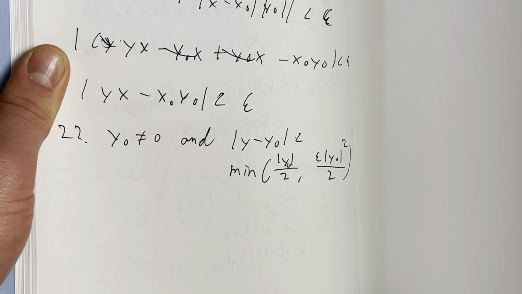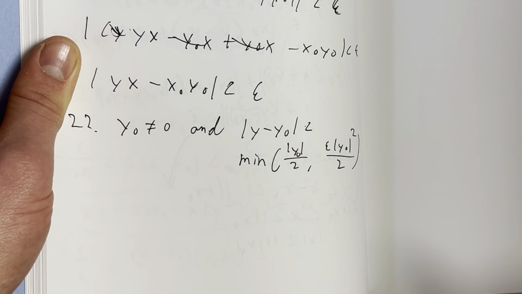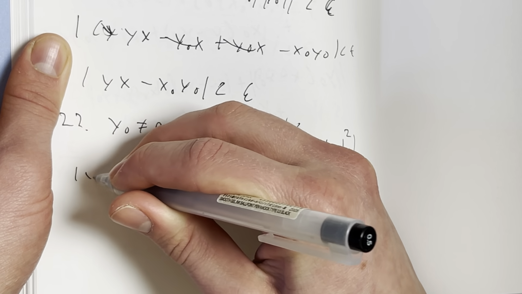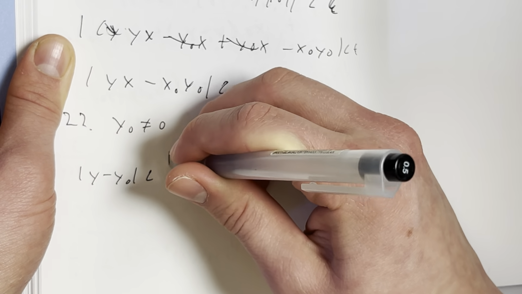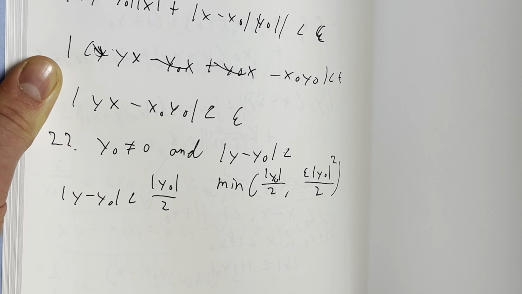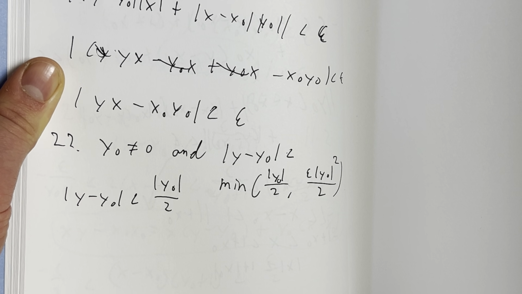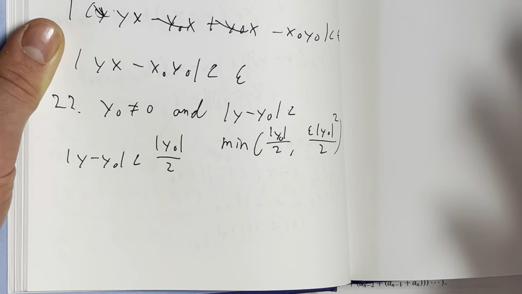So let's first try to show that y is not equal to 0. We are given that the absolute value of y minus y0 is less than absolute value of y0 over 2. Let's assume y is equal to 0.